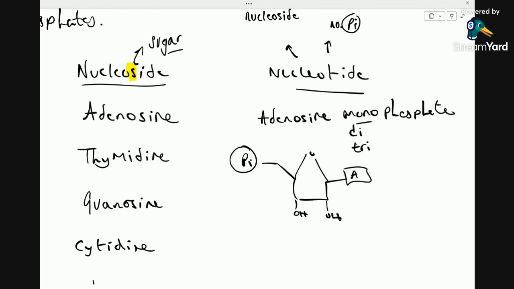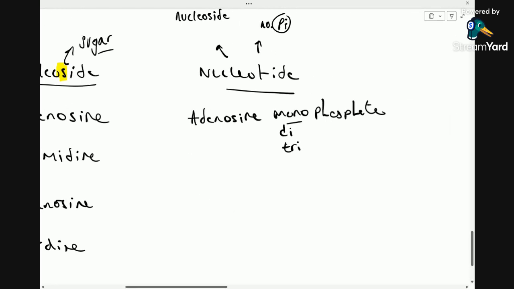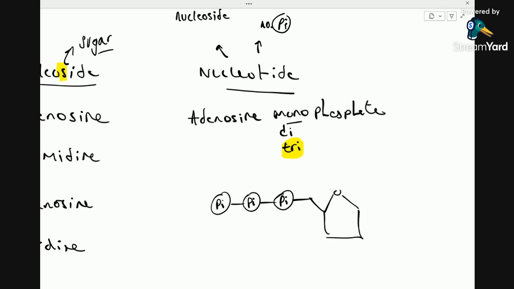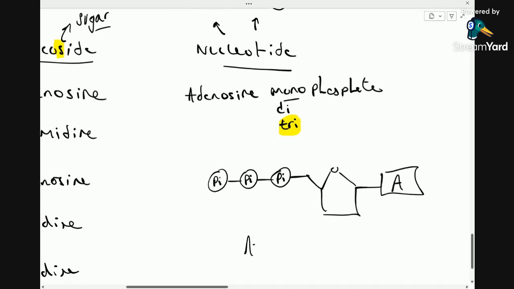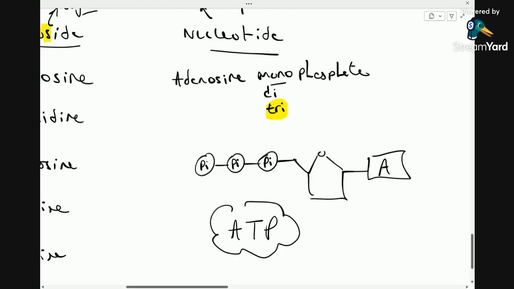I point this out because you have already come across one of these. Adenosine triphosphate looks like this, where I have 3 phosphates connected to a ribose sugar, connected to adenine as the base. This is ATP, adenosine triphosphate.